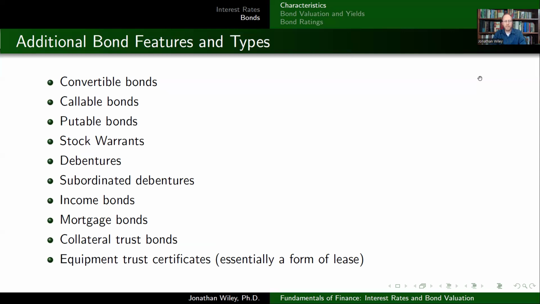If it's a puttable bond and that puttable provision is enforced, I can do that. What that would mean for the borrower is potentially I might have to pay this loan off much earlier than I thought. So this is an advantage for the investor, not necessarily so great for the borrower.